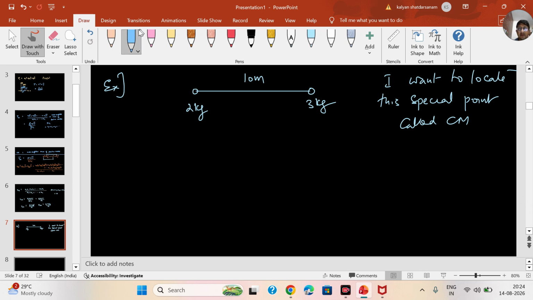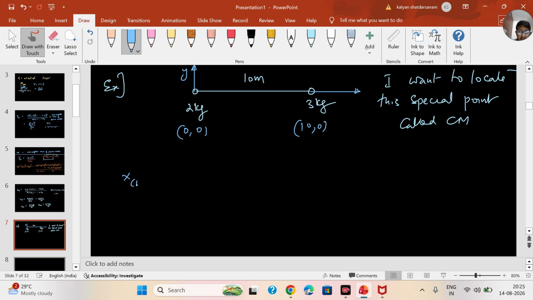Before you can find the center of mass, you should have a coordinate system. Here I can take the line joining the 2 and 3 kg as the x-axis like this, and the y-axis I can take here. Nothing wrong, you can take it anywhere, but I am taking it in the most simplified way. So the 2 kg is at the origin and the 3 kg is at (10, 0).